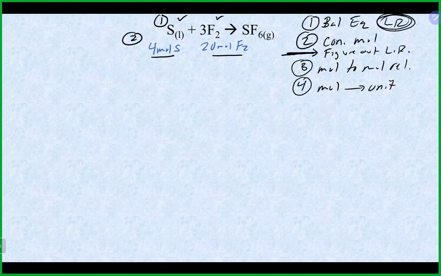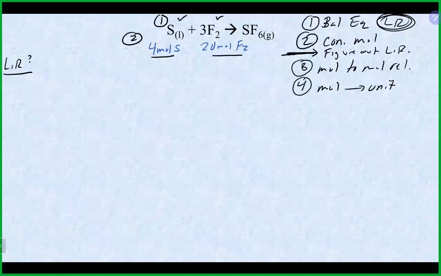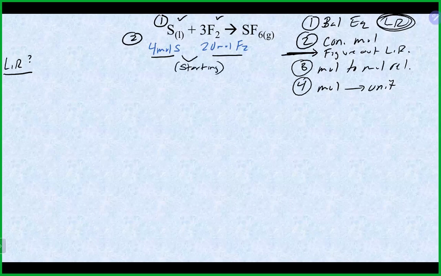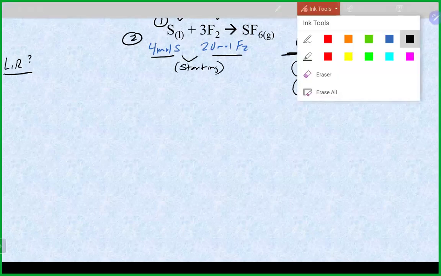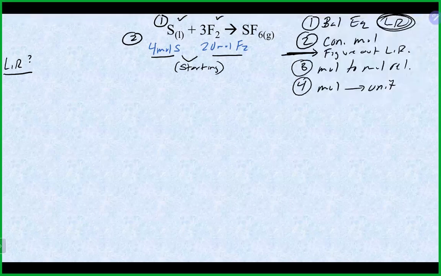So how do we do the limiting reagent step? To determine the limiting reagent, you're basically just going to do a very simple stoichiometry calculation. What sometimes helps people is you can look at these two here, and these are really your starting amounts of each of those reactants. So this is how much you're starting with. To figure out which one's the limiting reagent, we're going to do a simple stoichiometry calculation between the two reactants.